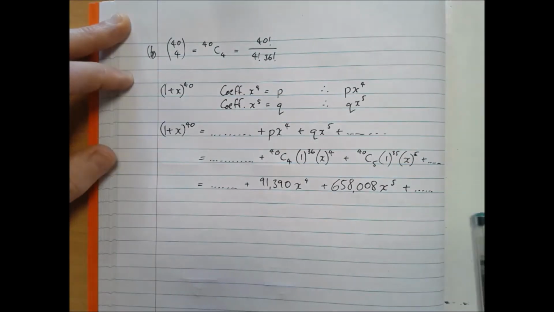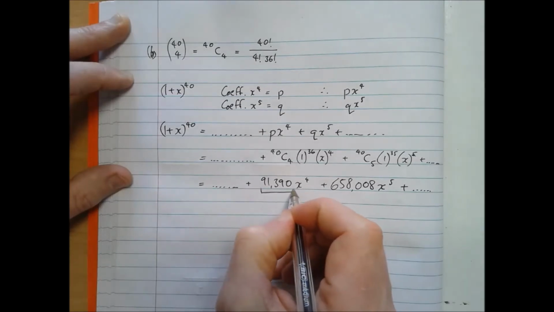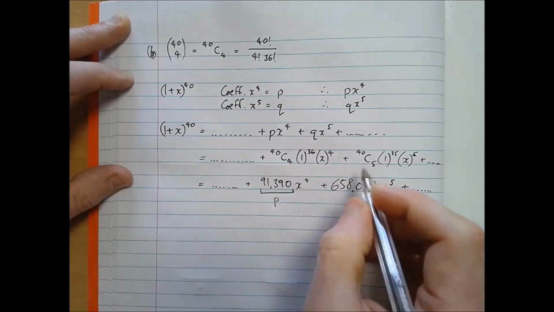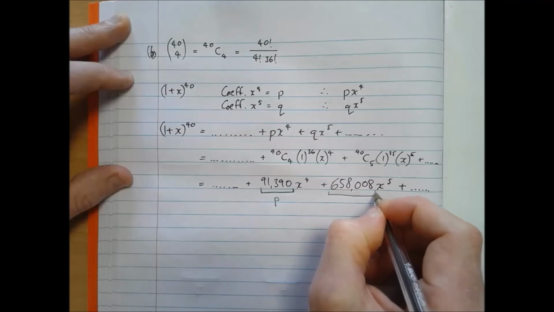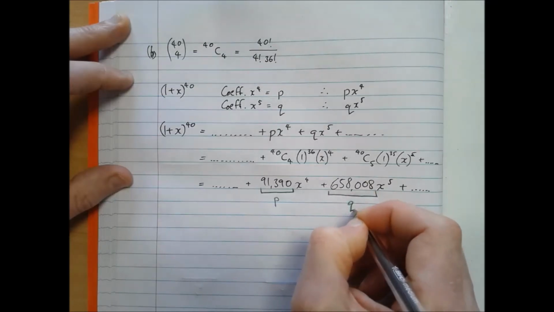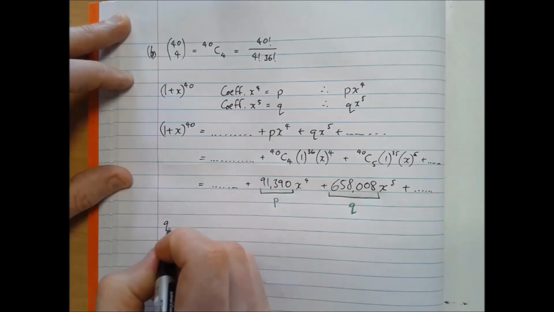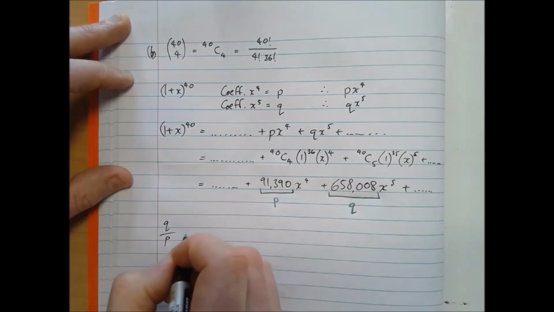Okay, so we were told that the coefficient of x to the 4 is p, so that means this here is p, and the coefficient of x to the 5 is q. So this 658,008 is q. And what the question is actually asking for is the ratio of q to p, so q over p.